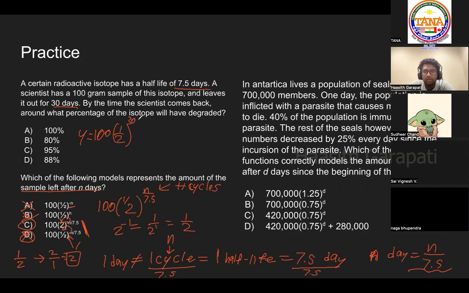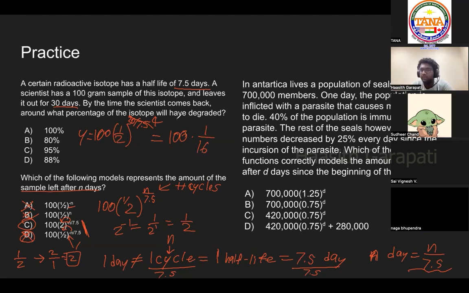In this case, we're going to do 30 divided by 7.5, and 30 divided by 7.5 is actually equal to 4. So this is equal to 100 times 1/2 to the power of 4, which, I can do it in my head, is equal to 1 over 16.